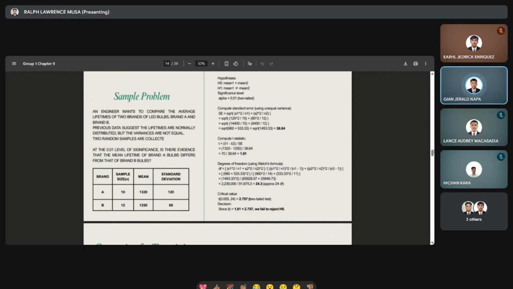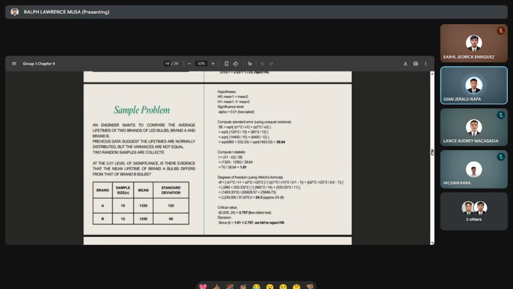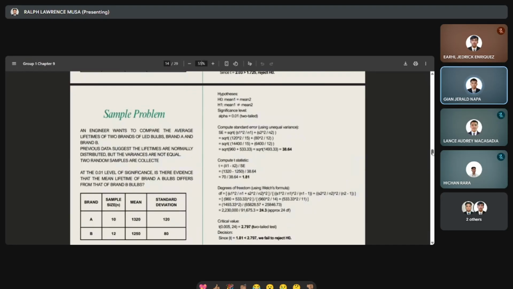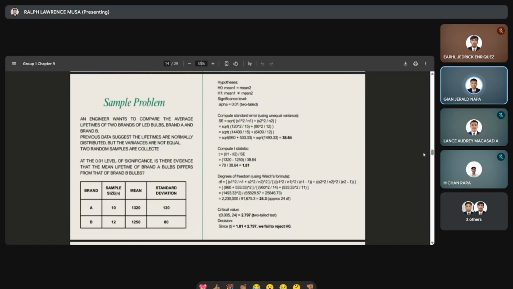For the next sample problem, an engineer wants to compare the average lifetimes of two brands of LED bulbs, brand A and brand B. Previous data suggests the lifetimes are normally distributed, but the variances are not equal. Two random samples are collected. At the 0.01 level of significance, is there evidence that the mean lifetime of brand A bulbs differs from that of brand B bulbs?